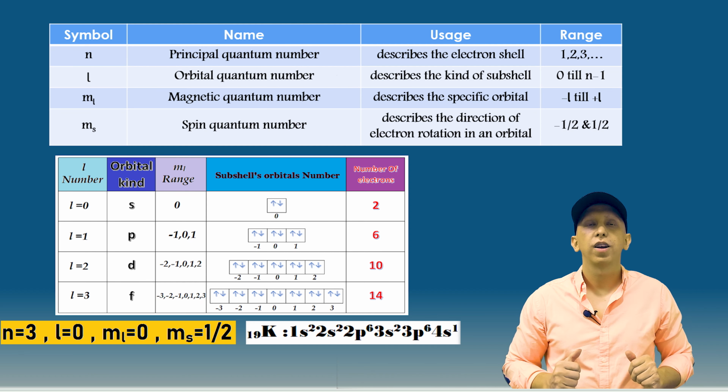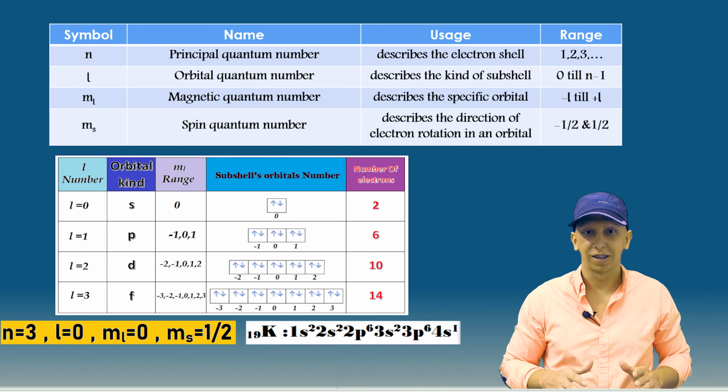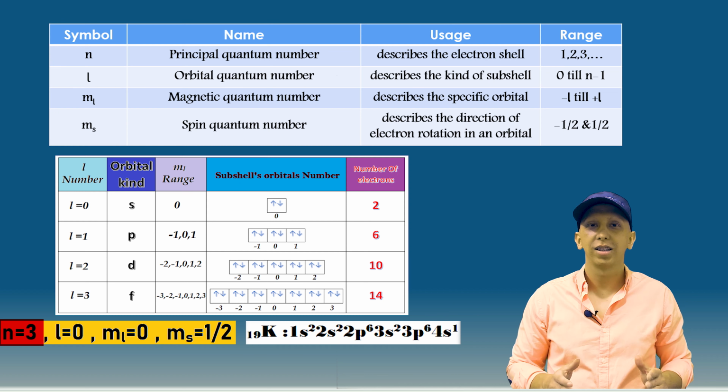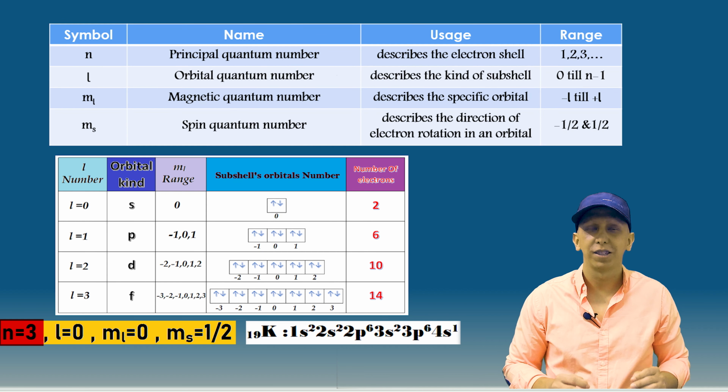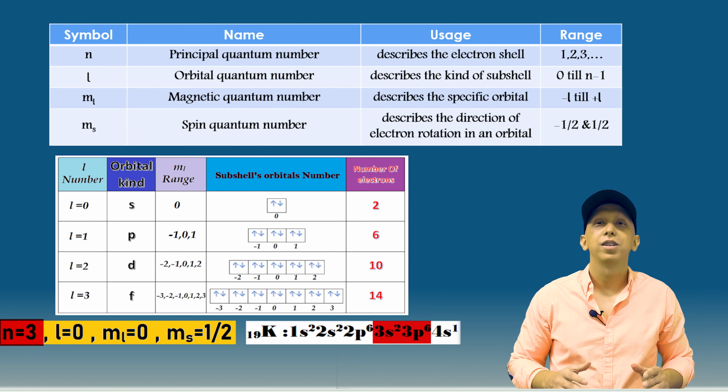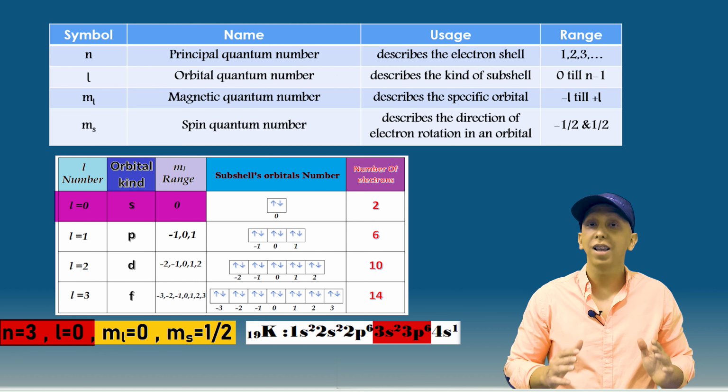So we start finding our specific electron. As we see, its n number is 3. So we highlight all of the subshells with shell number 3. We have 3s2 and 3p6. Then the question tells us the L number is 0, and we know when L is 0, our subshell is s.